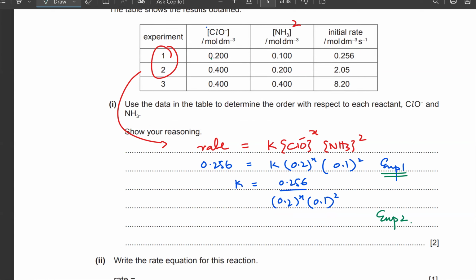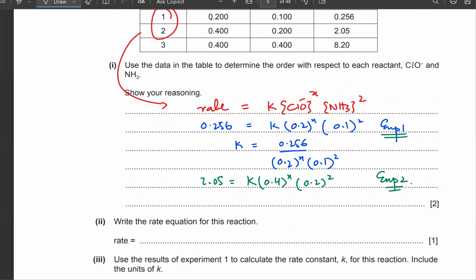If I put experiment number 2 data in the same equation, the rate of experiment number 2 is 2.05, and you've got K, and ClO minus 1 concentration is 0.4, and that's going to be power X. And ammonia concentration in experiment number 2 is 0.2, and that's going to be squared.